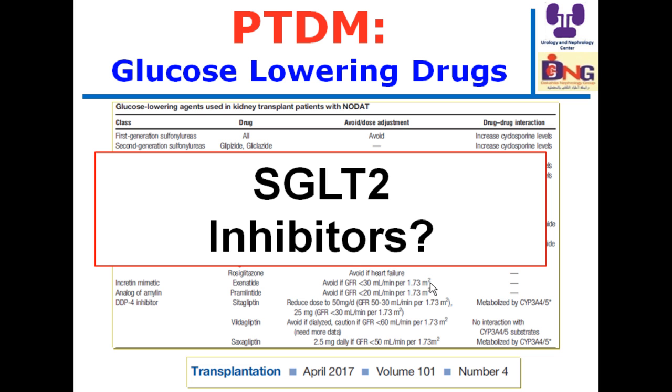Vildagliptin, avoid if dialyzed, caution if GFR is less than 60 ml per minute, no interaction with the cytochrome system. Saxagliptin, 2.5 milligram daily if GFR is less than 50, and it is metabolized by the cytochrome system. So this is regarding the different drugs. Regarding sodium glucose cotransporter 2 inhibitors, we are still waiting for further evidence.